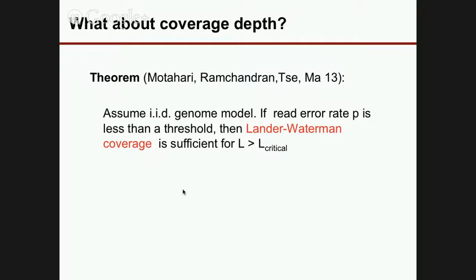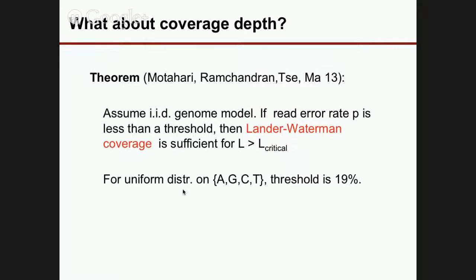We basically show the same result in the noisy case, as long as p is less than a certain threshold p star. So our result goes further than Qi Wang's result, but it's narrower because it's focused on the IID genome. So, what is this threshold, you may ask?